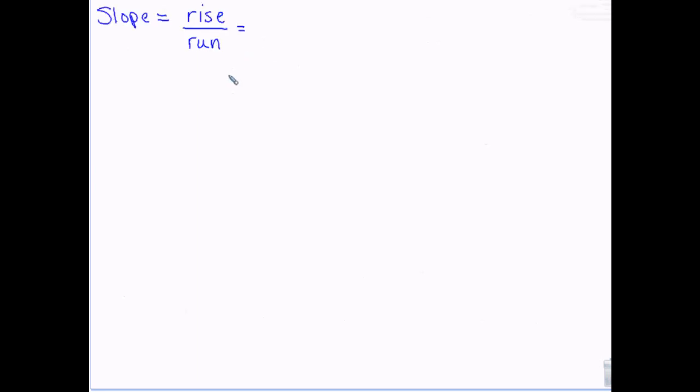Slope is defined as the rise over the run, and you can remember that because you have to rise before you can go running. You have to get up before you go run. Rise is the change in y, over the change in x. In math, change is symbolized with the Greek letter delta, otherwise known as a triangle.